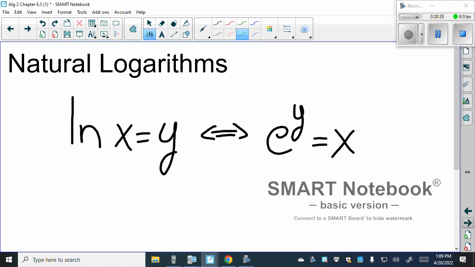Now, we don't write this in, but the base for natural logs is understood to be e. It's understood to be e. So ln base e of x equals y is the same as saying the natural log of x is equal to y.